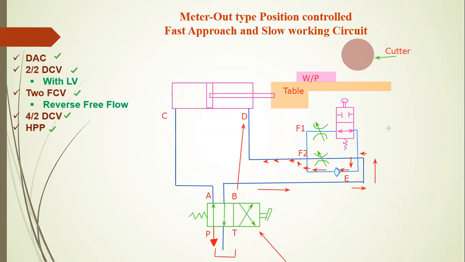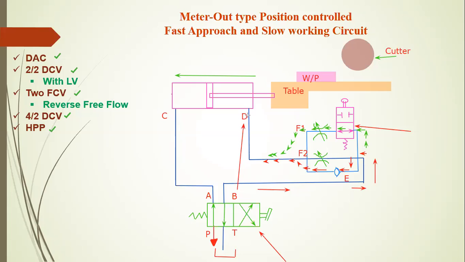Another condition is that at this time the 2 by 2 first position is active. The oil also passes this way and enters this line. That also gives a fast movement of the oil from B point to D point, and the piston returns very fast because there is no restriction between B and D. The oil passes directly through the check valve.